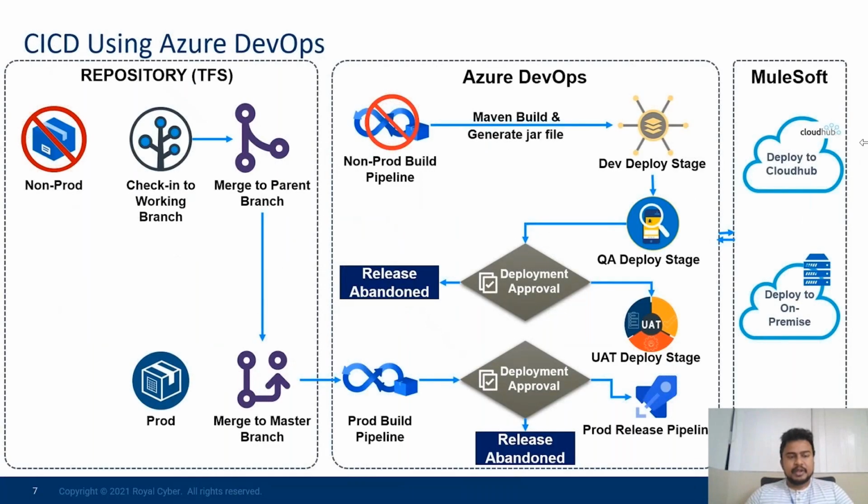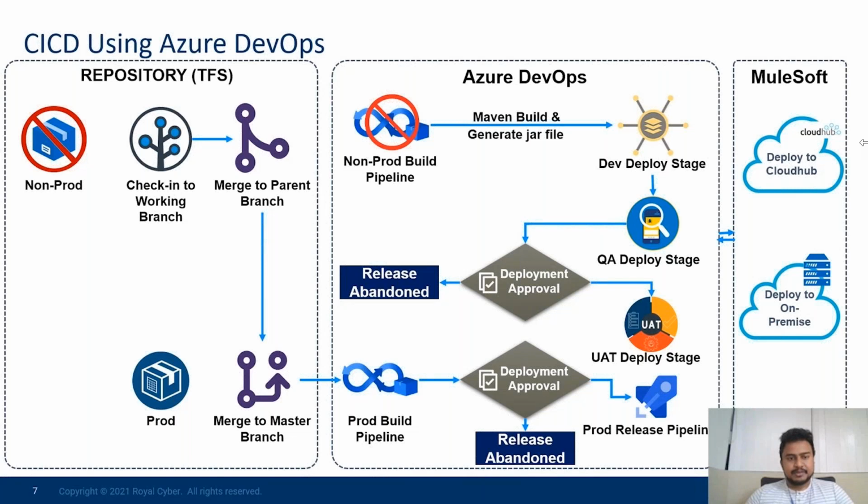So our next question is, where will CI/CD find its place in this approach? Once the merge to the parent happens, the non-prod pipeline kicks in to perform the CI process. Once the jar is built using the Maven, CD to dev, QA, and UAT can take place.